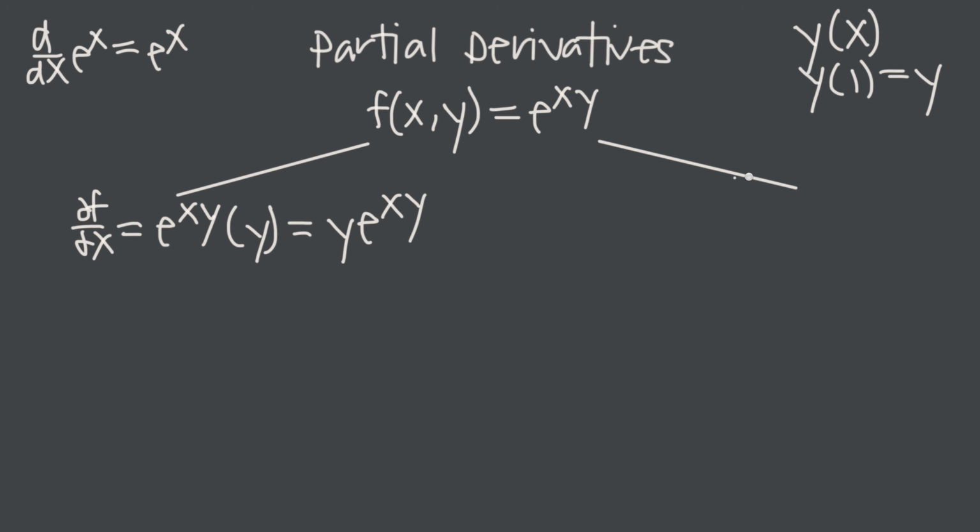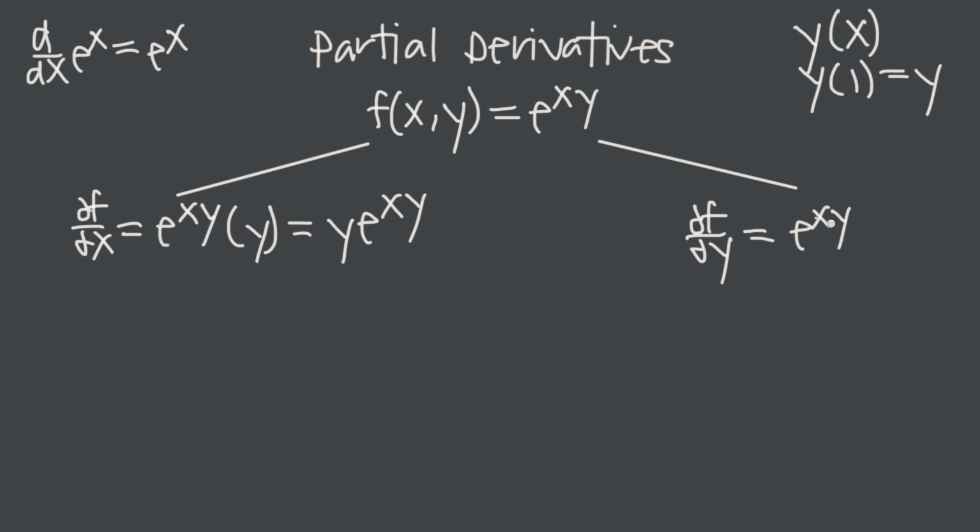Now if we move over here to the partial derivative with respect to y, we'll see the same thing play out. So the partial derivative of f with respect to y is going to be equal to the derivative of e to the xy, just like single variable calculus. When we differentiate that, nothing changes. So we get e to the xy. But then we have to apply chain rule, which means we have to multiply by the derivative of the inside function. The inside function is xy, and so we need to multiply by the derivative of xy.